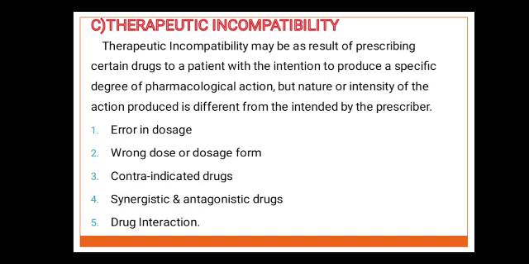Means in this incompatibility, the intended action is prescribed by the physician, but due to the nature or intensity of the drug, it changes or a different action is formed. It is known as the therapeutic incompatibility.